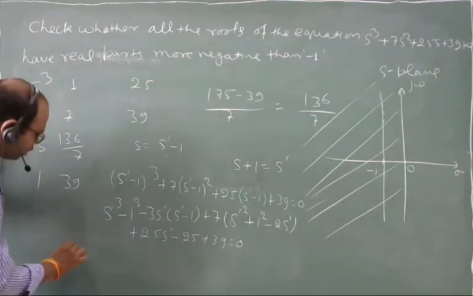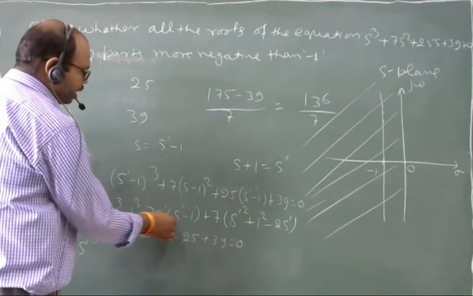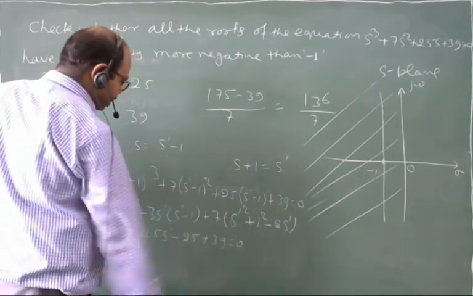And now the equation becomes S' cube, from here S square, from here S' square.